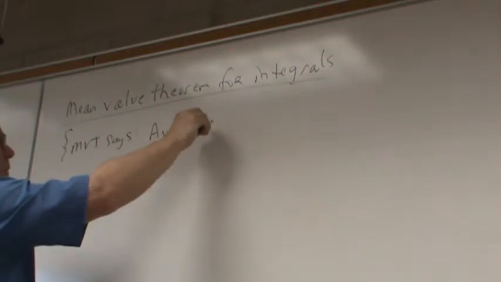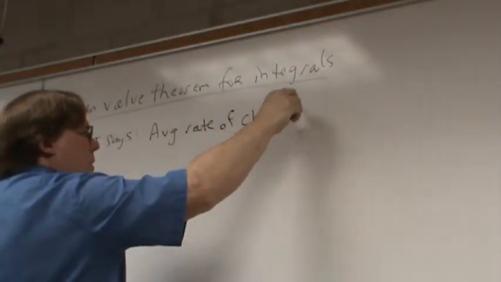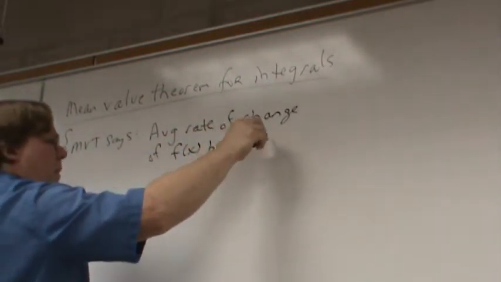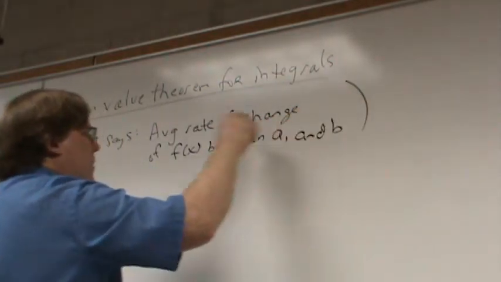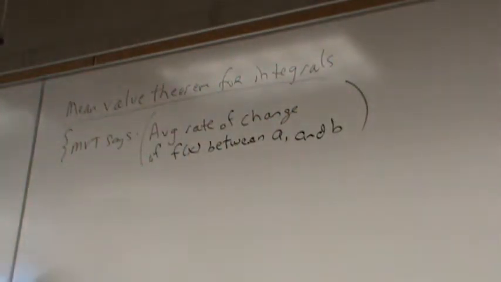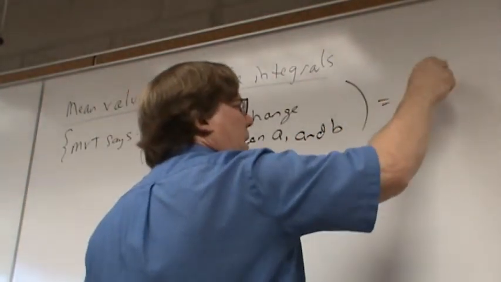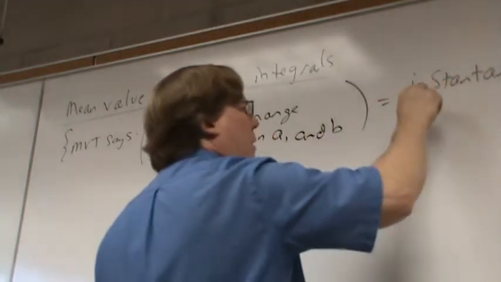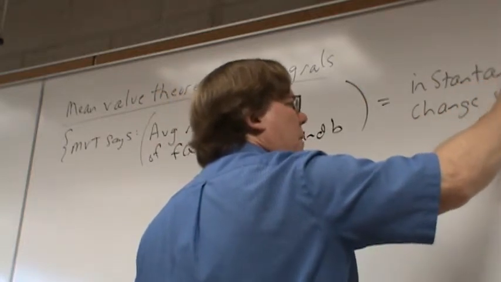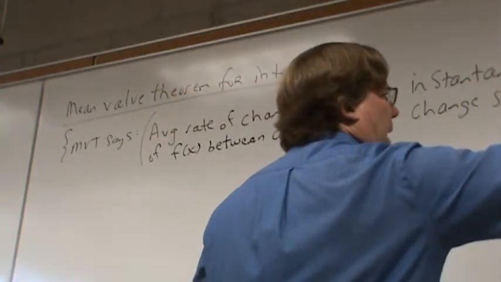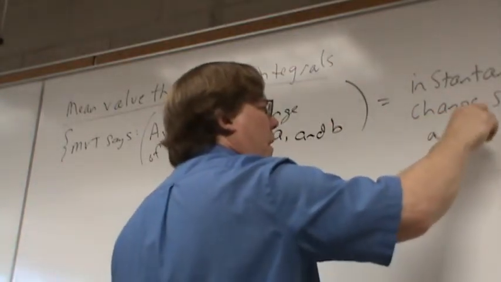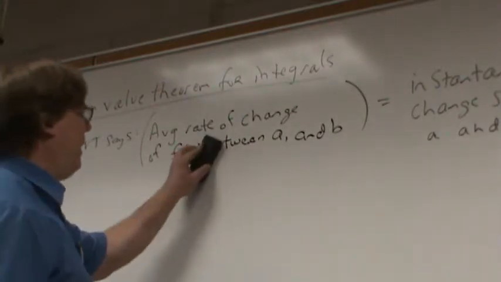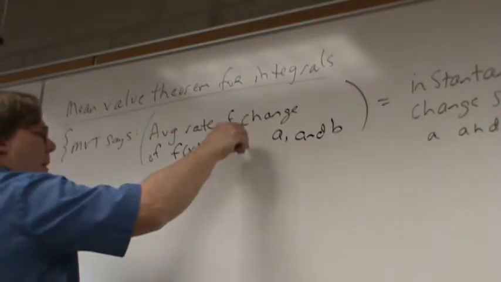The average rate of change of f of x between A and B equals the instantaneous rate of change somewhere between A and B. Maybe I should say, instead of between A and B, can I just say from A to B?